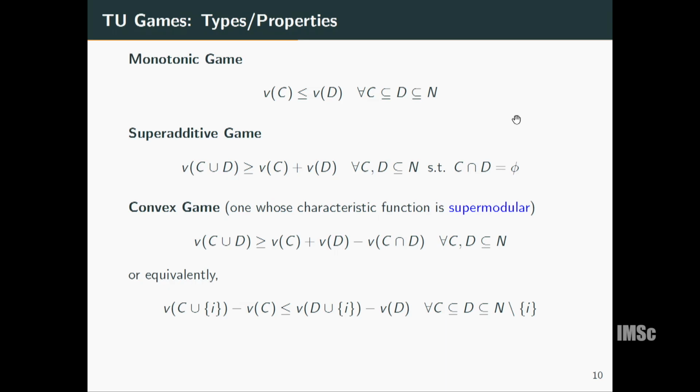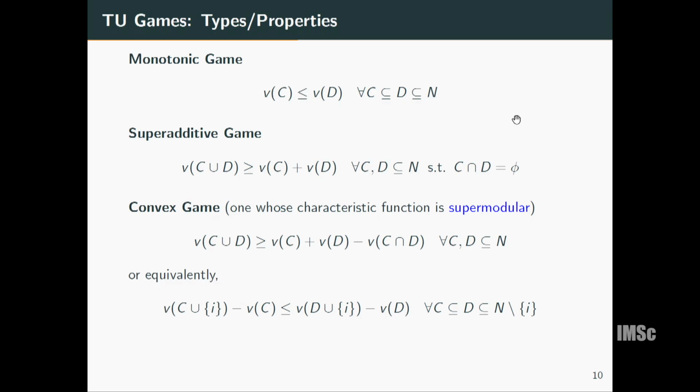Submodular is the reverse. In the submodular function, the marginal contribution to the smaller set is bigger than the marginal contribution to the bigger set. So, these are the two definitions of supermodular and submodular.